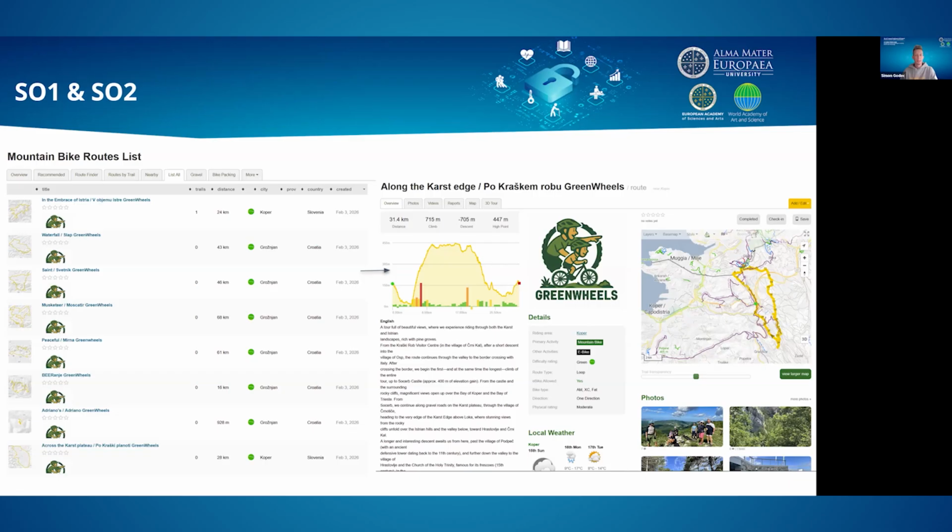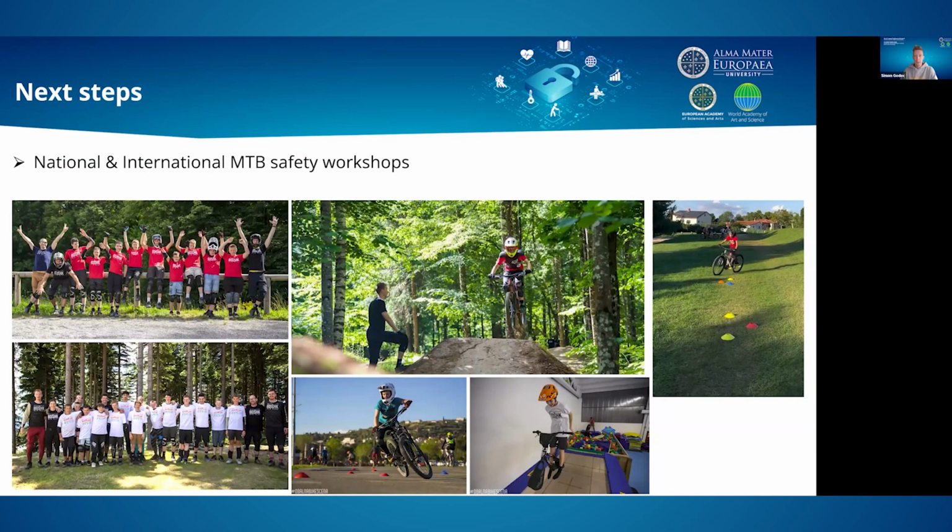But what awaits us in the future is the organization of multiple safety workshops where we will teach others, especially children, the safe approach to this sport, teach them the right techniques in order to advance safely. And we'll do that through beginner courses, advanced courses, and multi-day youth camps. We as a club already do such workshops.